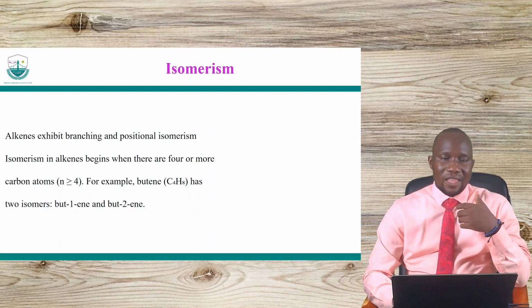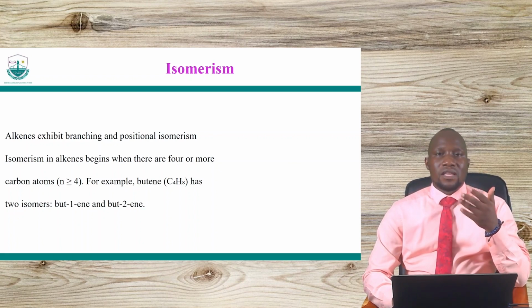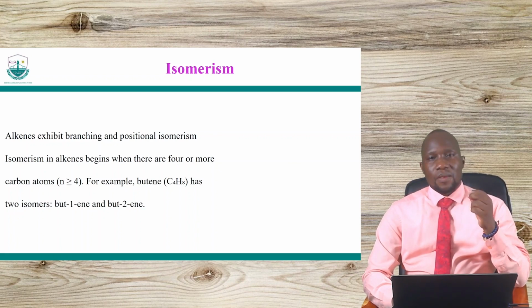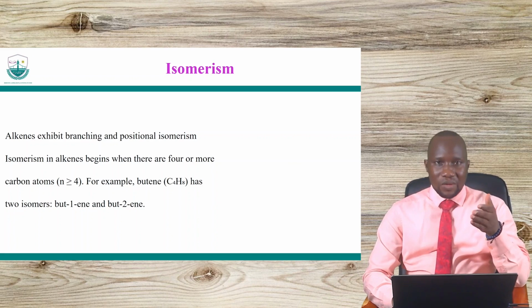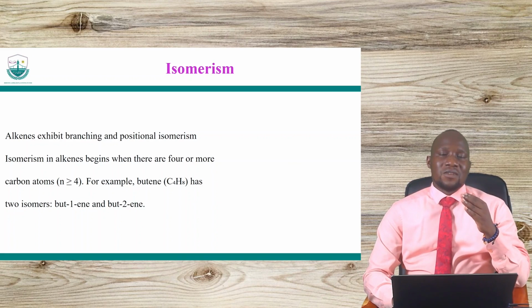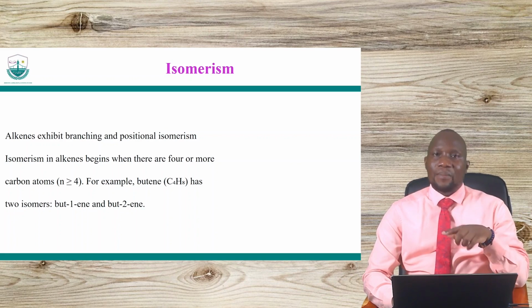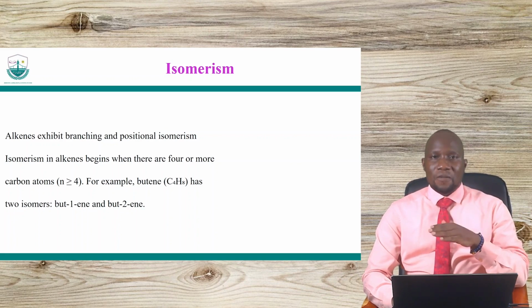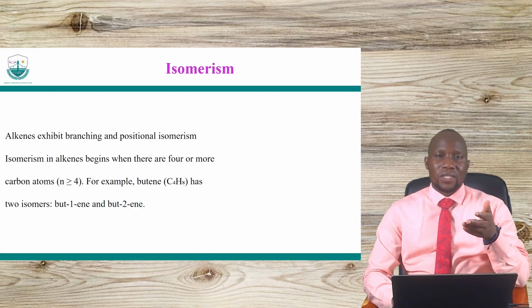But one of the key things that can result in isomerism is the branching, which we already explained, the point at which the branching happens, and the number of carbon atoms at which branching has happened. They may differ when you have a compound of the same molecular formula.